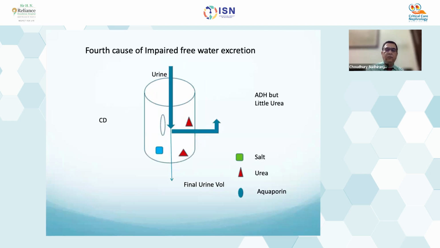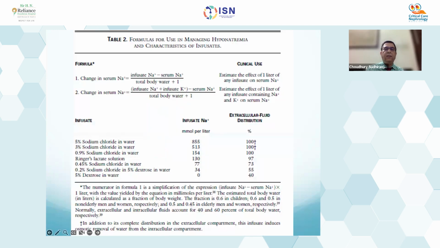So here it is almost the same. Fourth element. Now, in that article, which was given to us in 2000, you can calculate how much is the water excess in your body. And if you want to give any concentrated solution in the form of salt, then probably you can see a rise in the sodium level.